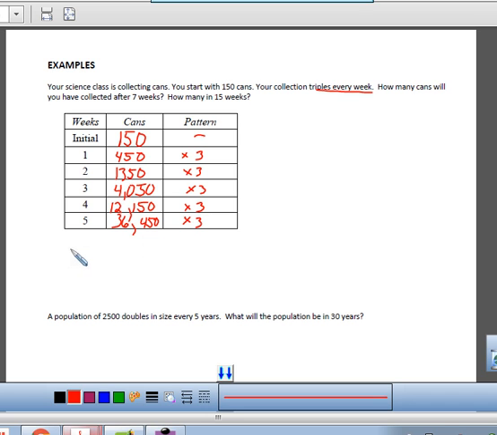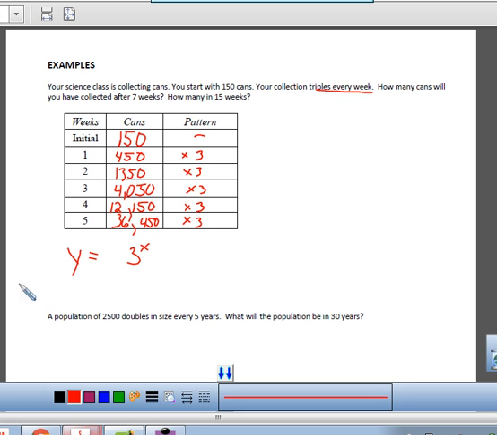So, I bet some of you are saying, oh, well that's y equals 3 to the x. Now notice I left a little space here. Yes, because we are tripling, your base is 3, and x is going to stand for the number of weeks.